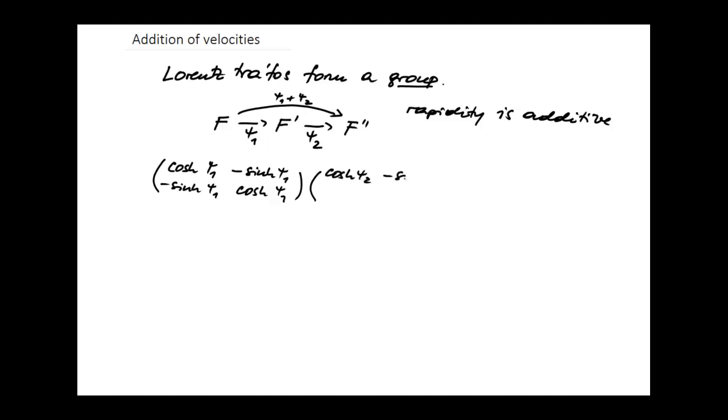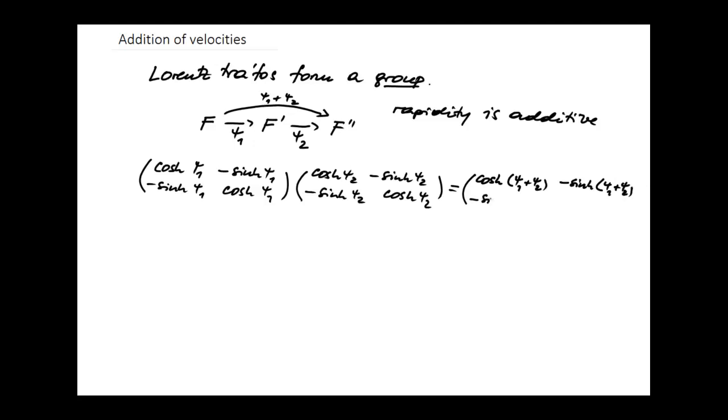You can do the matrix multiplication and use the properties of the hyperbolic functions. They are similar to the ones of the ordinary trigonometric functions. Using these properties, you can see that this is equal to the hyperbolic cosine of psi1 plus psi2, minus the hyperbolic sine of psi1 plus psi2, minus the hyperbolic sine of psi1 plus psi2.